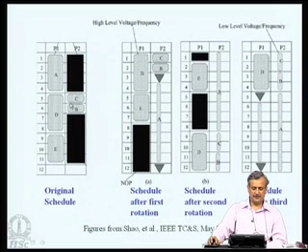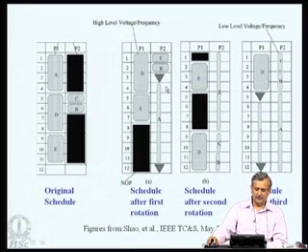Suppose we rotate the loop once. The question is, is it possible to actually do some dynamic voltage scaling and get some benefit out of it? So, now processor 1 executes D and E, and A is actually scheduled on processor 2.